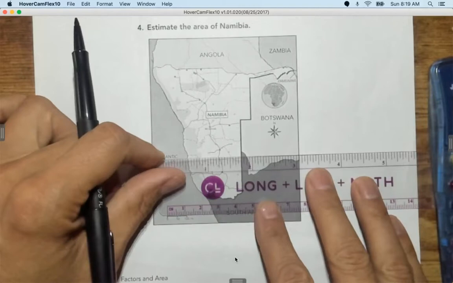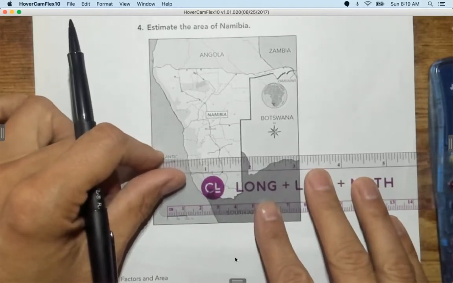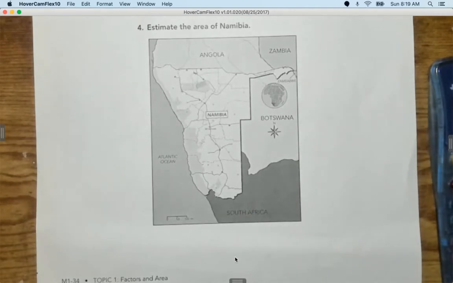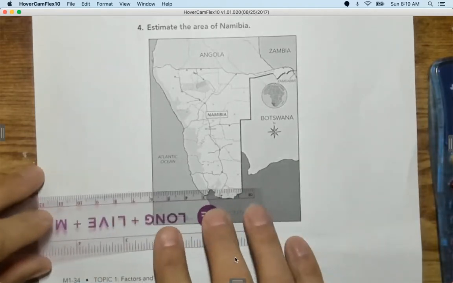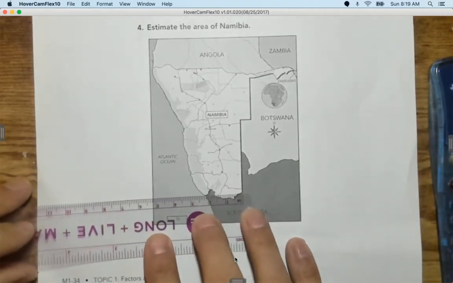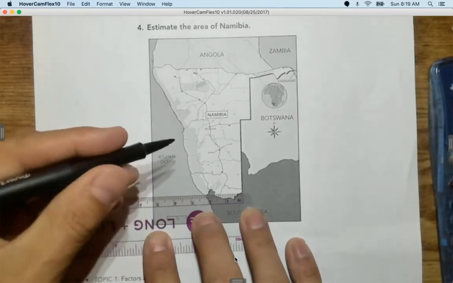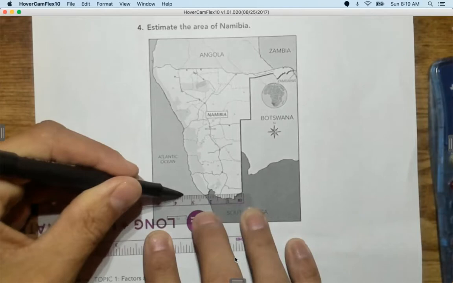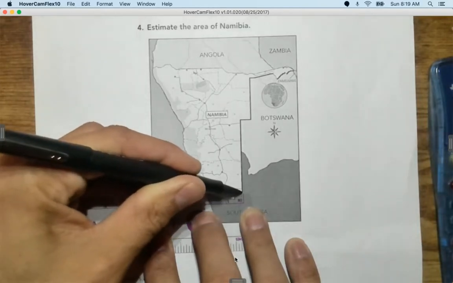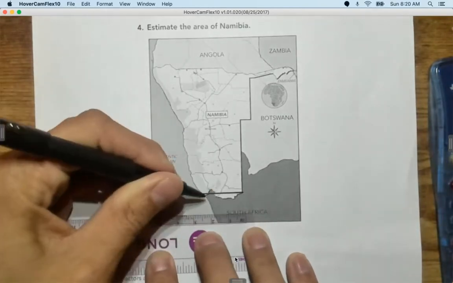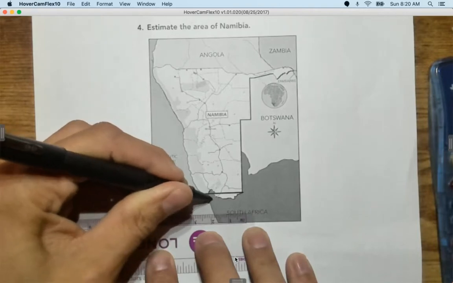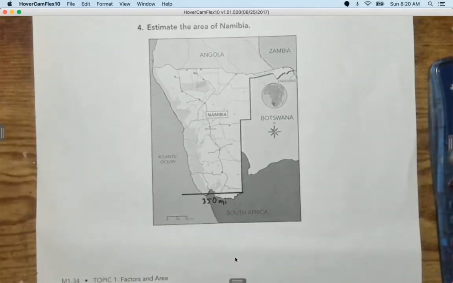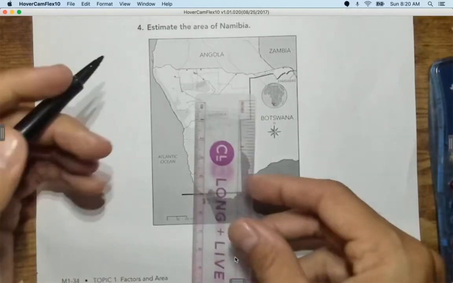And so if I look at my scale here, it looks to be about 1 centimeter is 100 miles. I'm going to make an estimate, so it doesn't have to be perfect. So I think I'm going to go to about here and here. And so that's going to be about 350 miles. And so I'm going to convert it right away to miles instead of keeping it in centimeters.